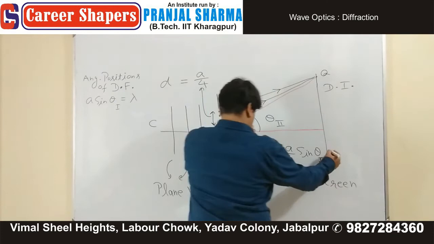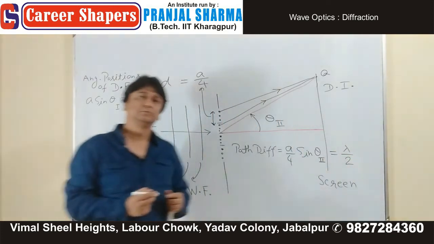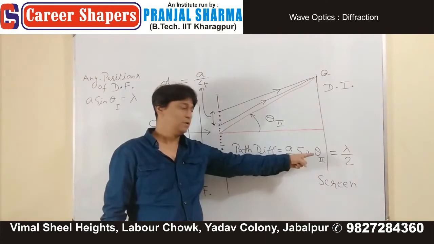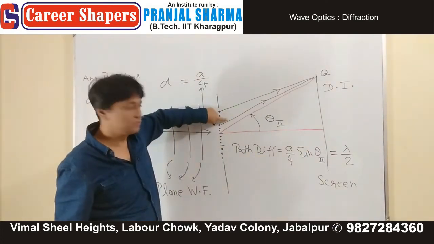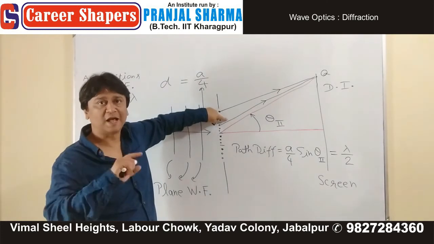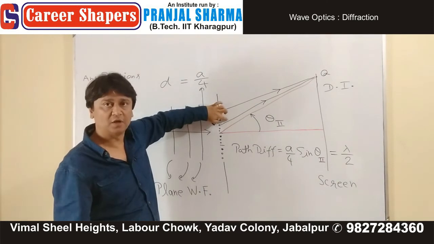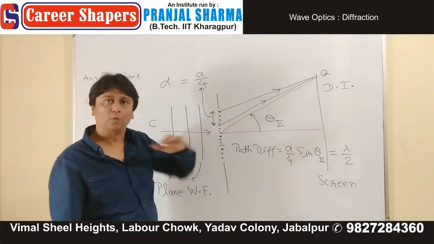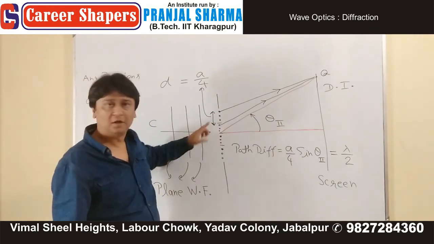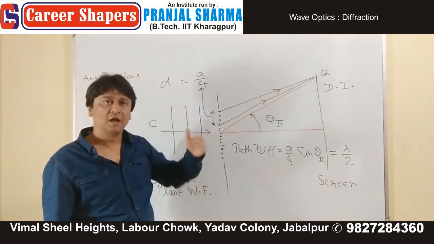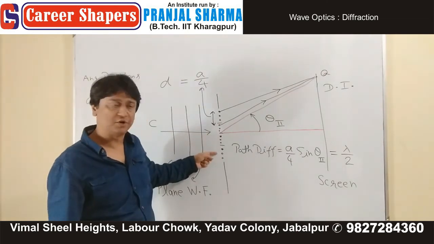And if this path difference is lambda by 2, then again this and this, the electric fields will cancel each other. So the electric fields cancel each other. Second and second, third and third, they will also cancel each other, and the same thing is going to happen with the third partition and the fourth partition.